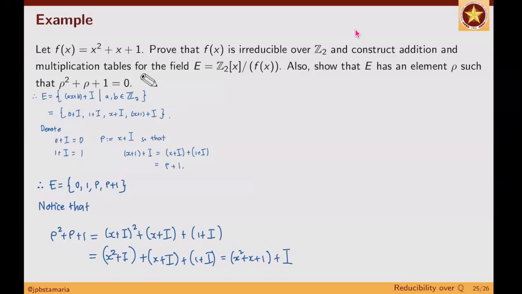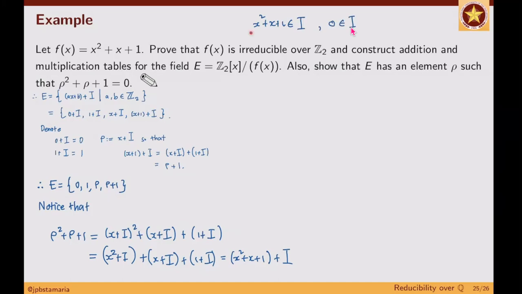But the x squared plus x plus 1 is in I. Right? The 0 is also in I, since I is an ideal, so 0 is in there.